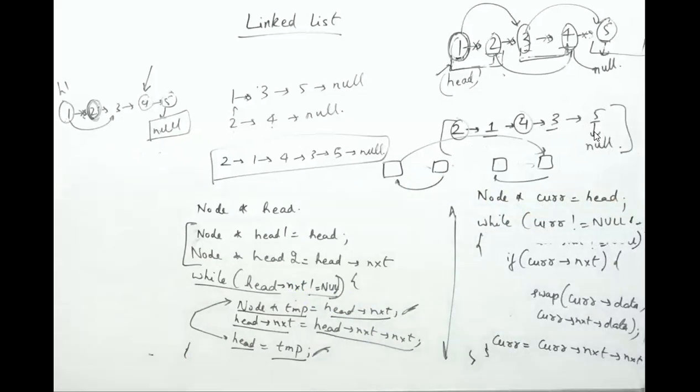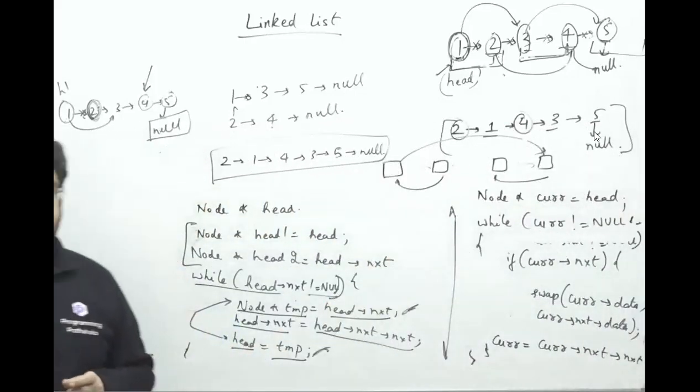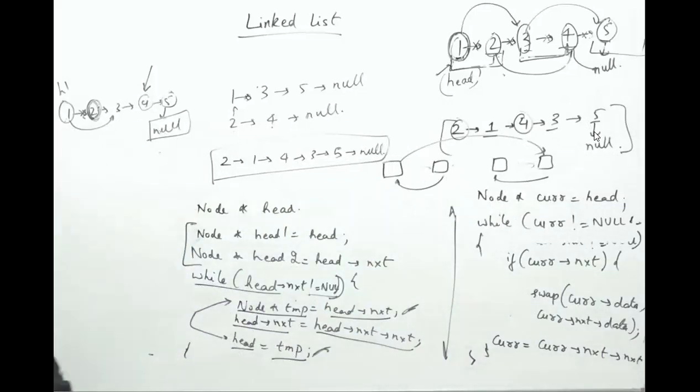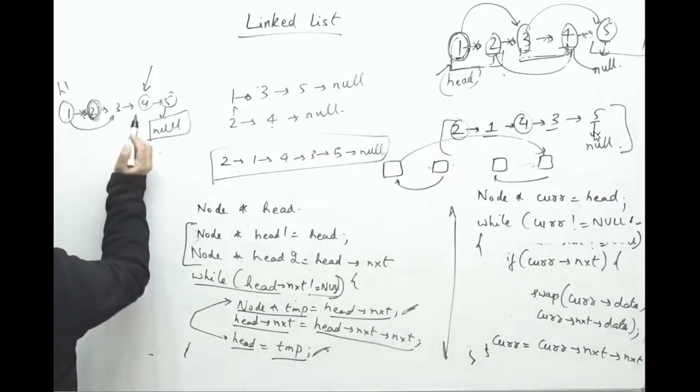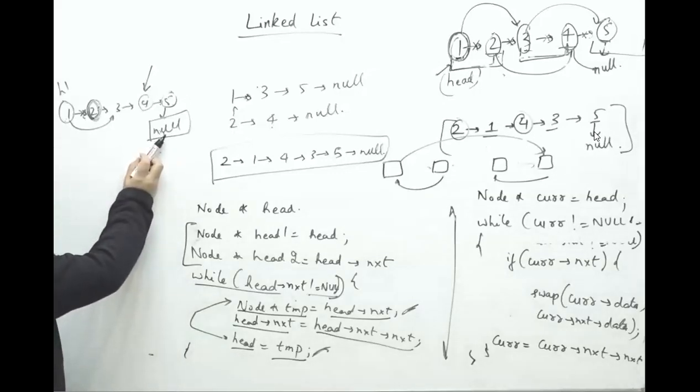Others? Can we move on? Okay. So now we have separated the two lists. What is next? We'll come to that. If we have to stop at 4, then head's next is null here, right? Do you agree?